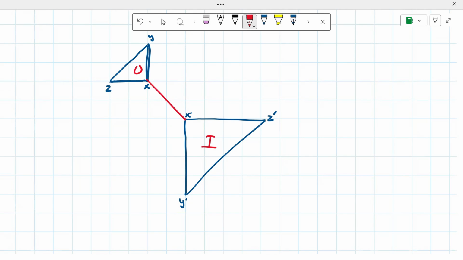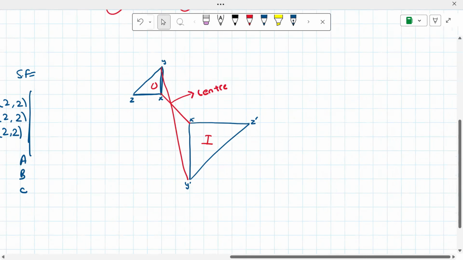Now take the second point. For example, let's take Y. Connect both the image and the object Y together, and they will form a point of intersection. This point will be considered as the center. Okay, so this is the basic construction of how to determine the center of enlargement.